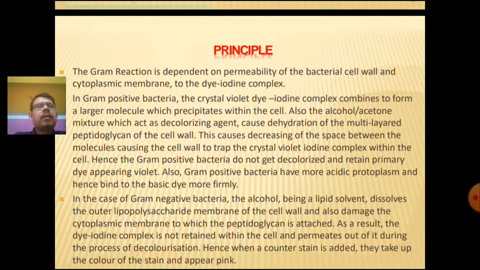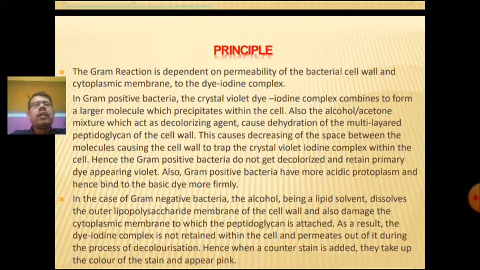The components vary between gram positive and gram negative, and the coloring material reacts with the different cell walls of the bacteria. In gram-positive bacteria, the crystal violet di-iodine complex combines to form a larger molecule, a precipitate within the cell.